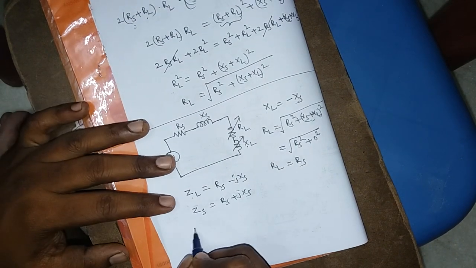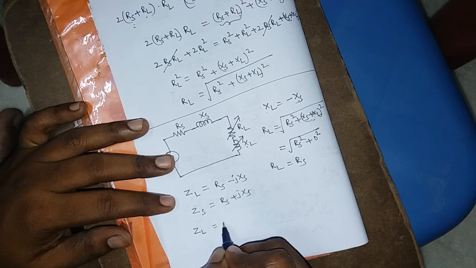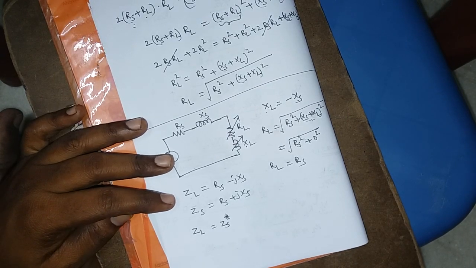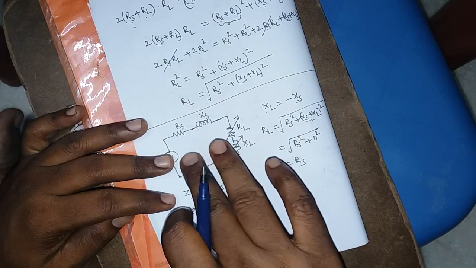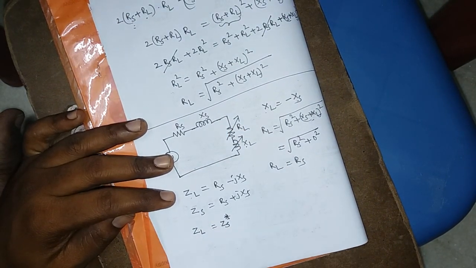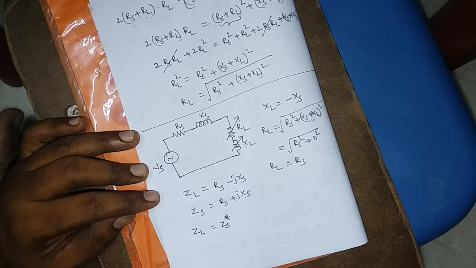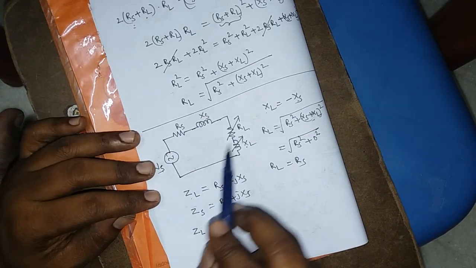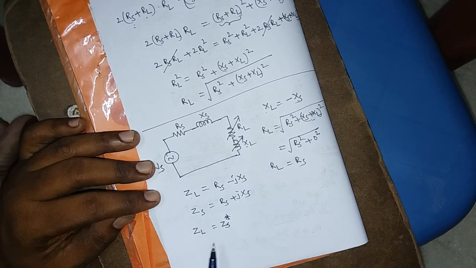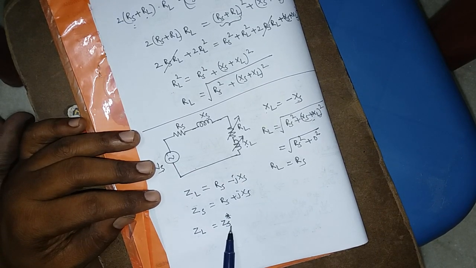So hence ZL is equal to ZS complex conjugate. So now I can state the maximum power transfer theorem for the AC network as the maximum power can be delivered from source to load when the load impedance is the complex conjugate of the source impedance.